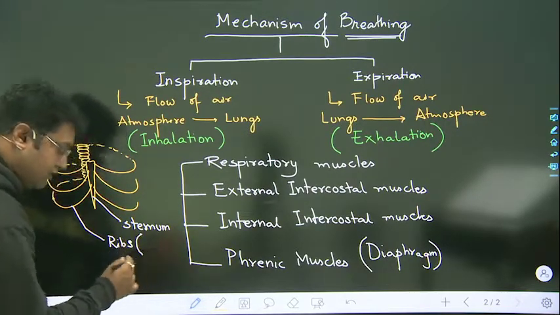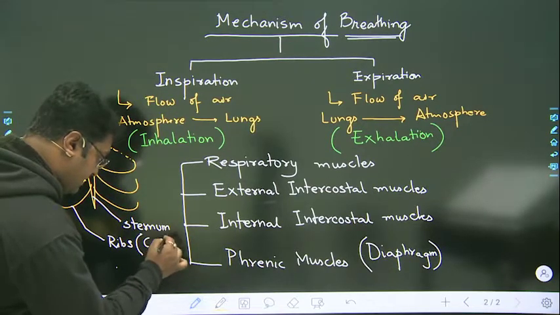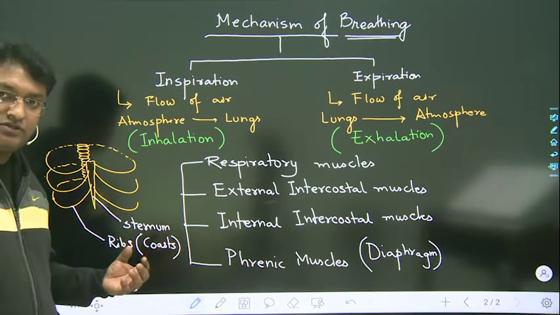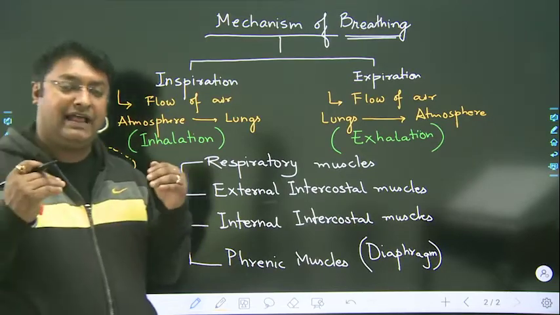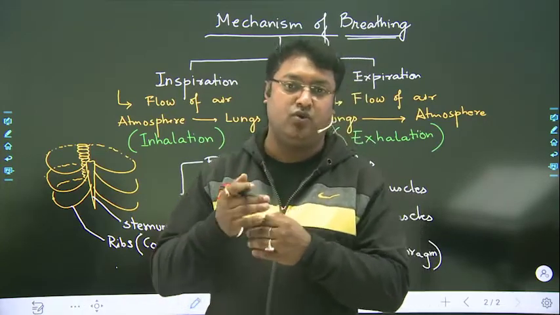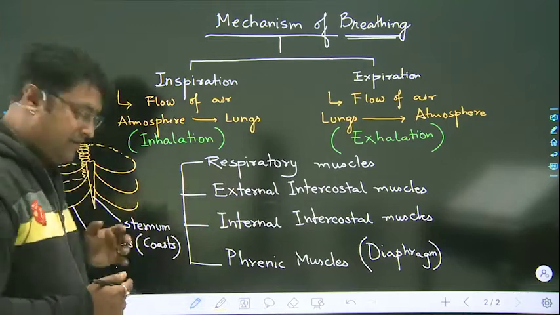These ribs are also known as costae. Clear? And hence, the muscles which align themselves in between these ribs, or costae, will be known as the intercostal muscles. Clear?